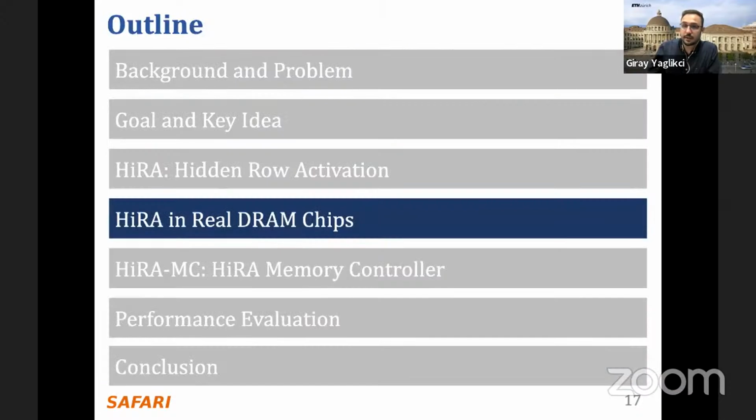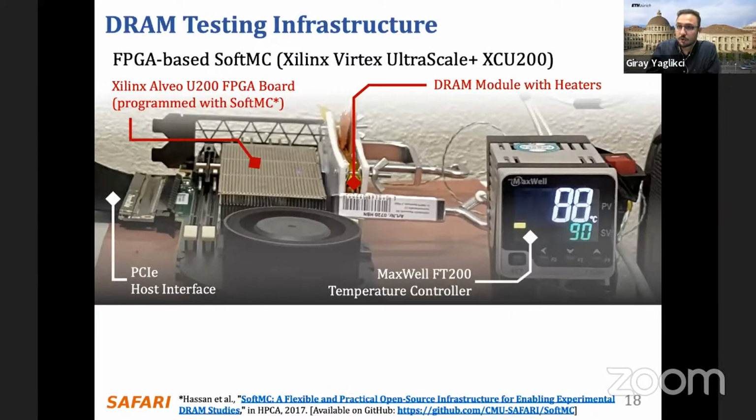As the next step of this paper, we actually show that HiRA is supported by real DRAM chips. To do so, we use a modified version of SoftMC on an FPGA-based setup. We use a Xilinx UltraScale Plus XCU200 FPGA here.